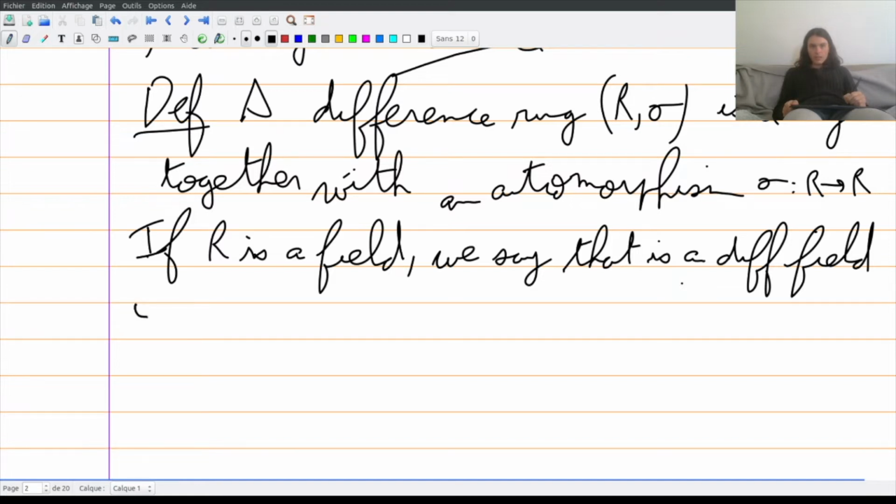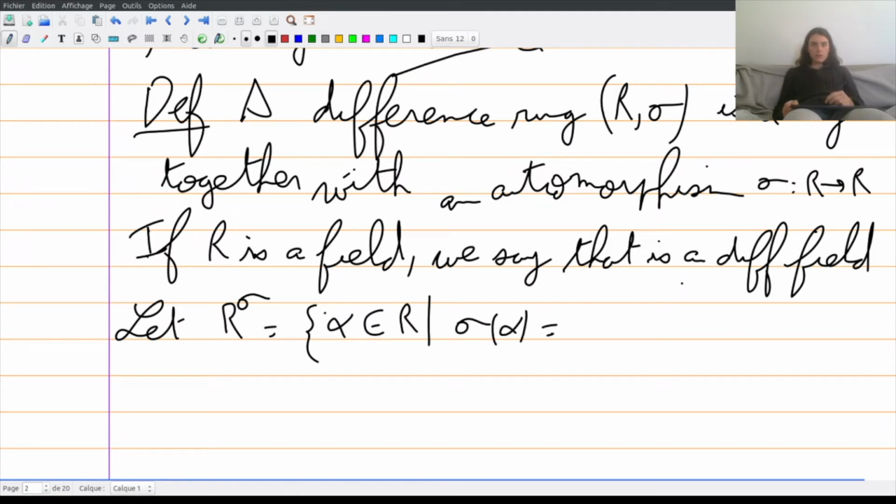And there is a very important object that we attach: the subset of elements that are invariant under sigma. It's called the constants.